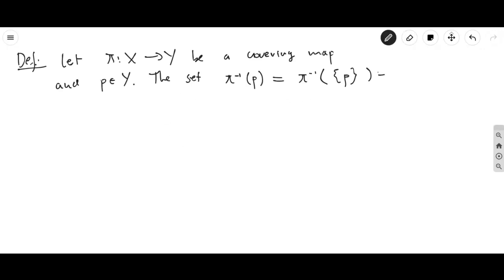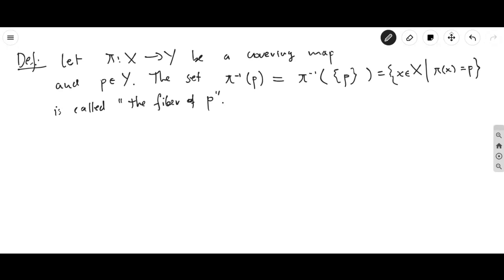So this is, of course, the set of points X in your space, so that pi of X is equal to P. This set is, of course, non-empty because this is a surjective mapping, is called the fiber of P.